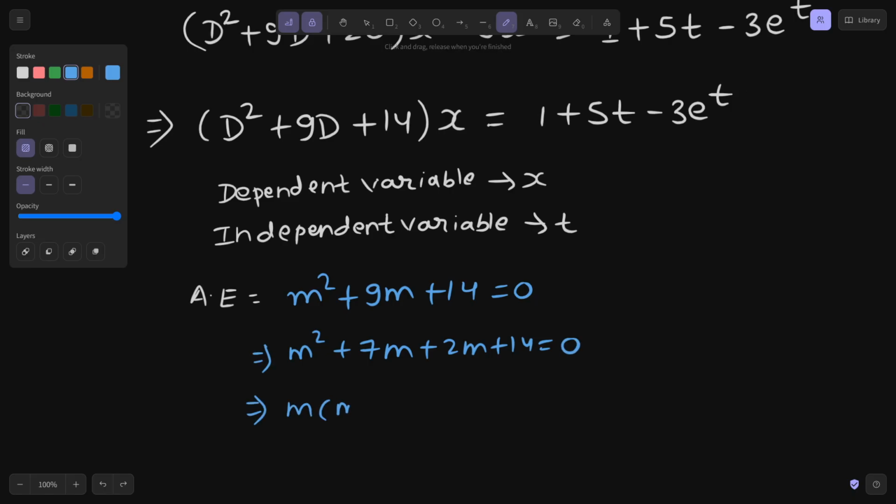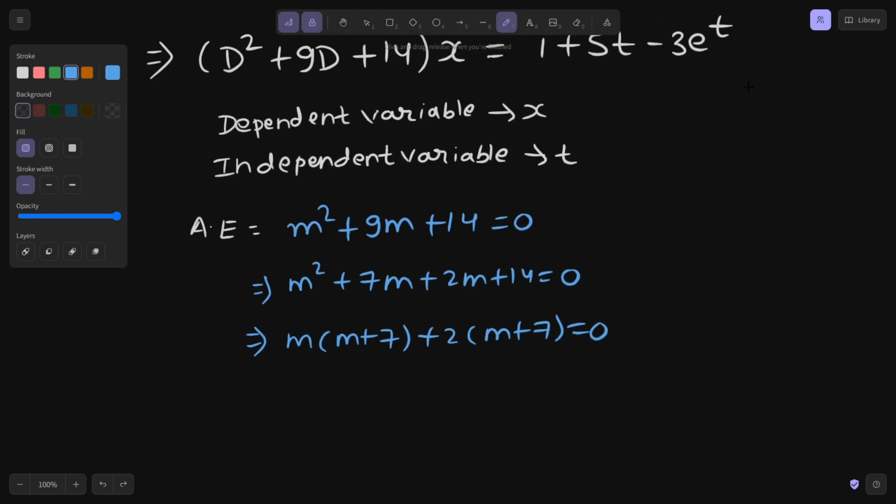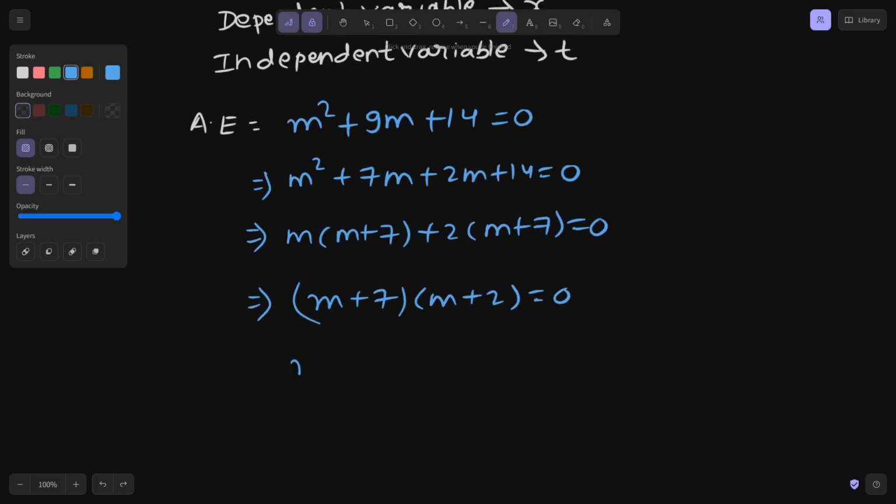Taking m common, I am slow in factorization. Next, you can just take m plus 7 and m plus 2 equals 0. So from here you are getting two values of m. One is minus 7 and the other is minus 2.